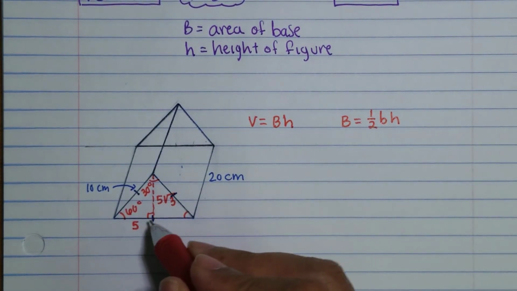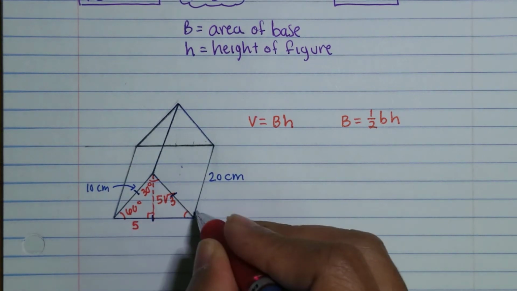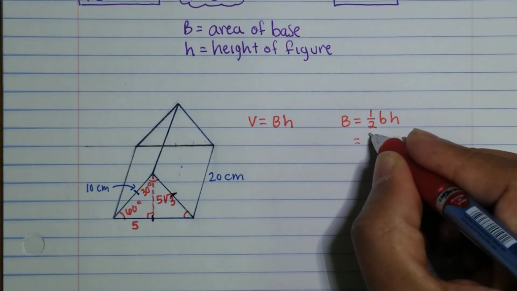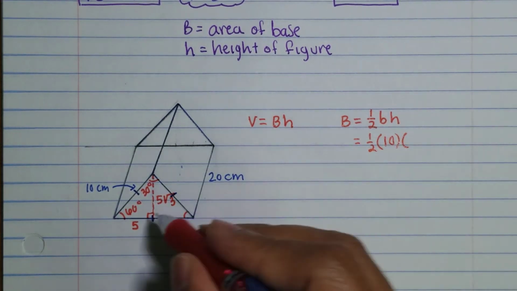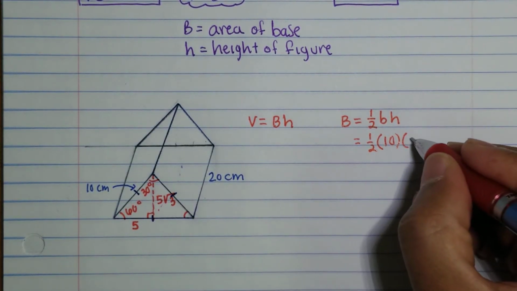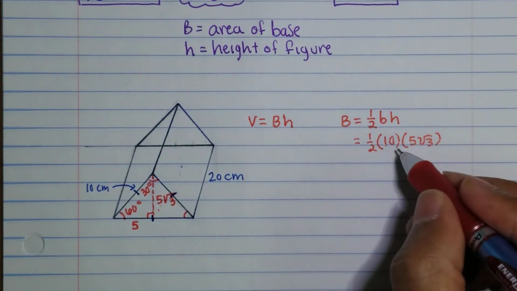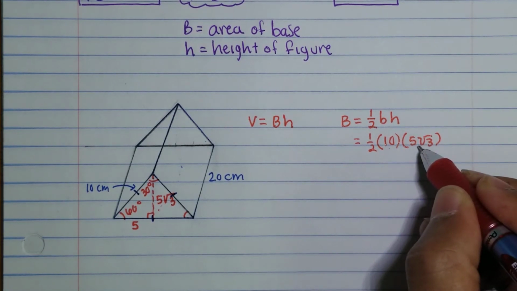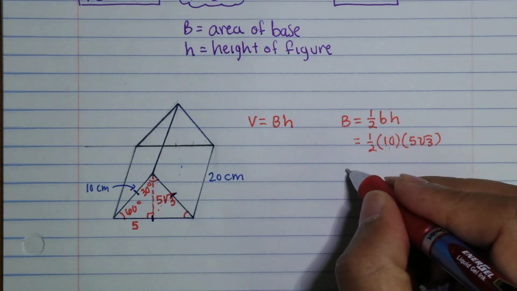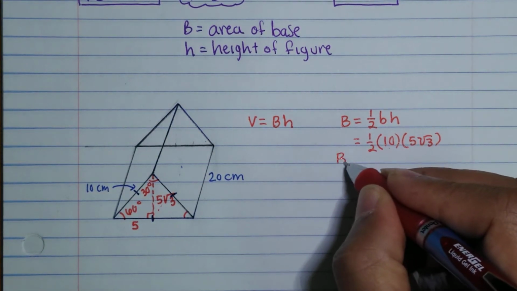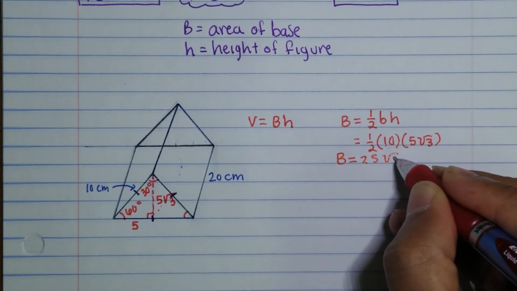The whole side is 10, so this equals 1/2 times 10 times the height, 5 square root of 3. When we multiply 10 times 5, that gives us 50, and half of 50 is 25. So the base equals 25 times the square root of 3.